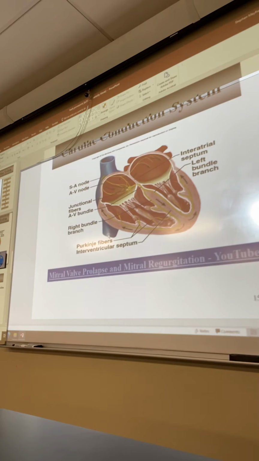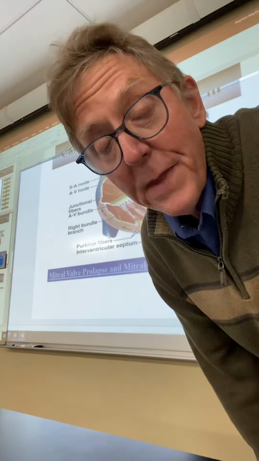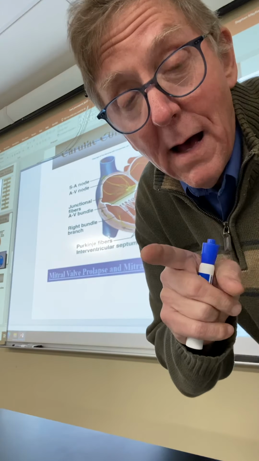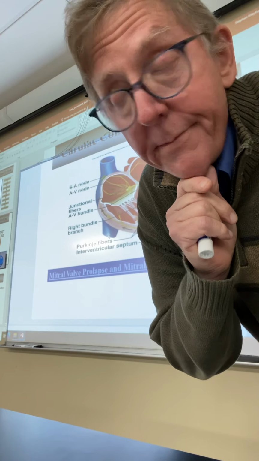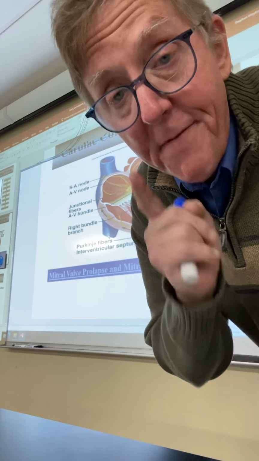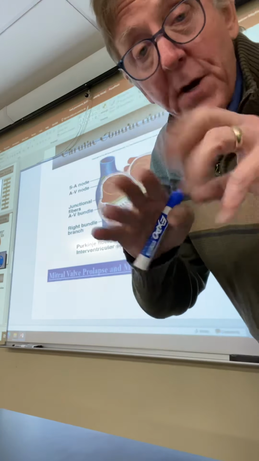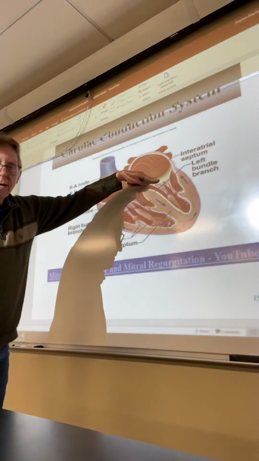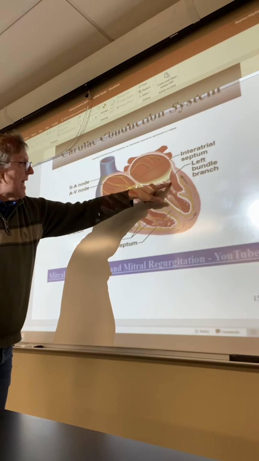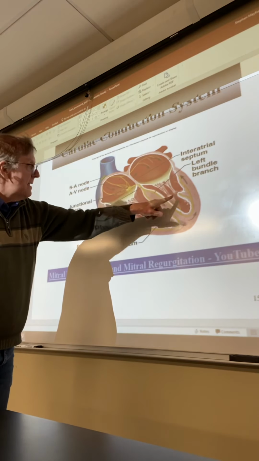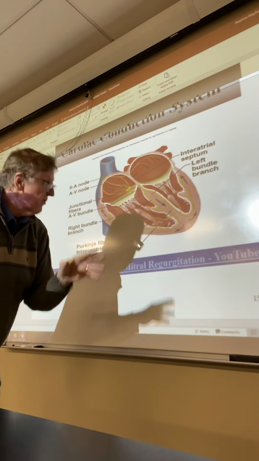I have some videos. Make sure you click on these links. This is a video that is showing, we had said, we have these atrioventricular valves, and we had said they have cusps. And on the cusps, we see that we had said they're attached via chordae tendineae to papillary muscles.